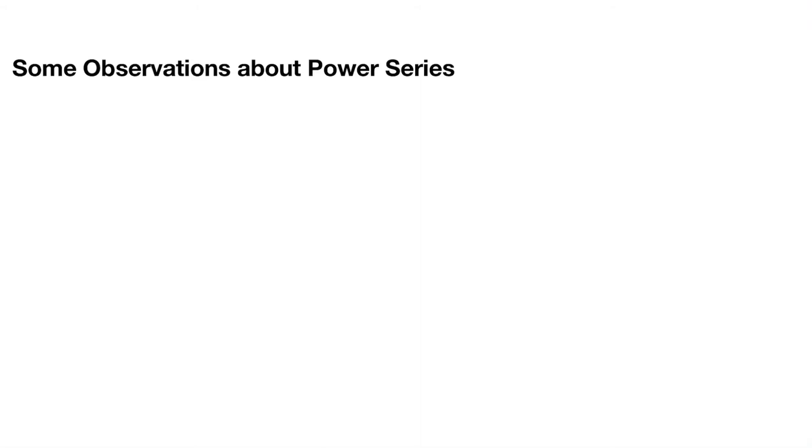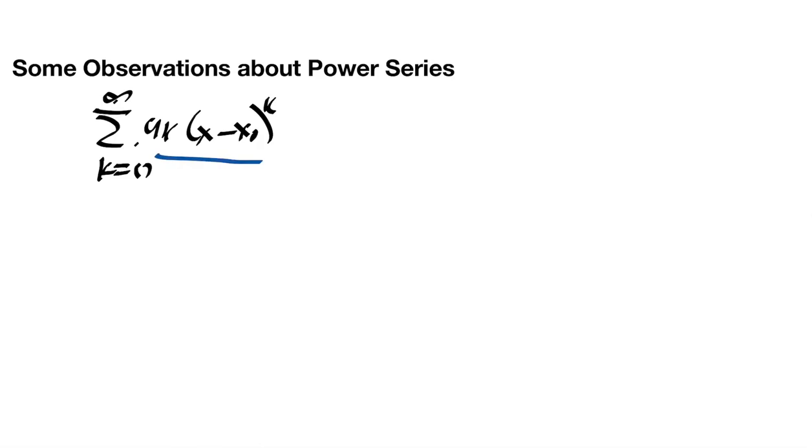Okay, just some quick observations about power series from what we just learned. One real quick observation is that if this power series, the sum from k goes from 0 to infinity of a_k times (x minus x naught) to the k, well, what you have to notice is that this piece right here is just a polynomial.